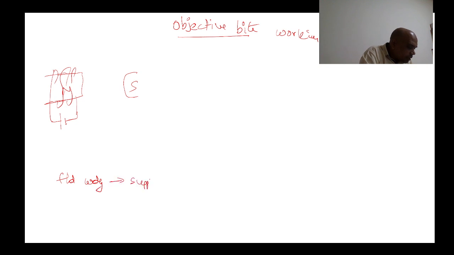DC. Always the field winding supply is DC. So whenever DC supply is given to the field winding, north and south poles are created.